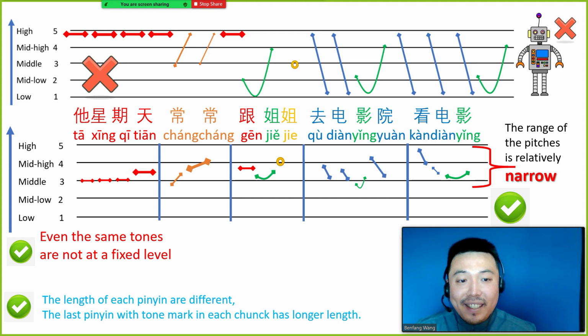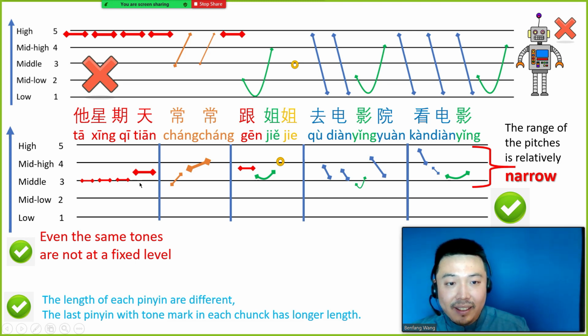The next observation is that the length of each pinyin is different. This is because the position of each pinyin is different in each chunk. As you can see, I have divided this sentence into different chunks. So we have to put the stress on the last pinyin with tone mark in each chunk.